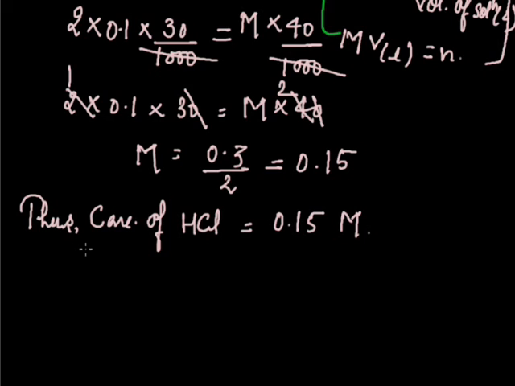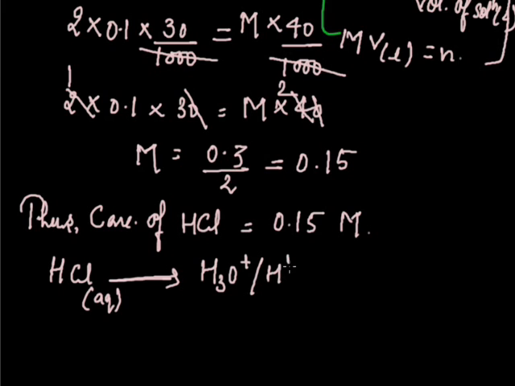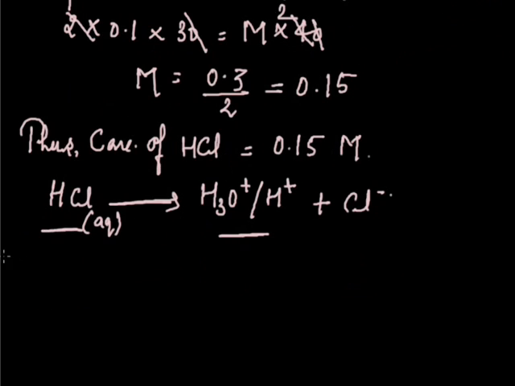Now, after finding the molarity, we have to calculate the pH. We know that an aqueous solution of HCl on dissociation gives H3O+ ion, or simply H+ ion plus Cl- ion. From 1 mole of HCl we get 1 mole of H+ ion. So from 0.15 molar HCl, the concentration of H+ ion will also be 0.15 molar.